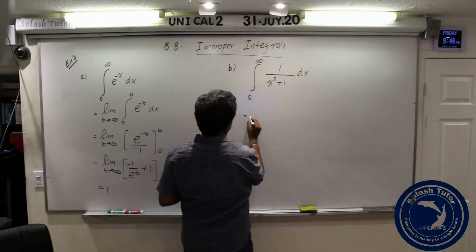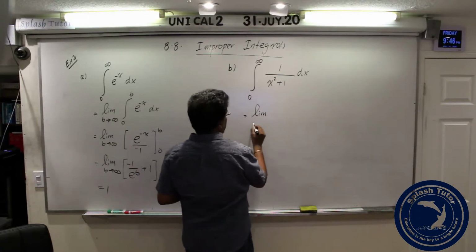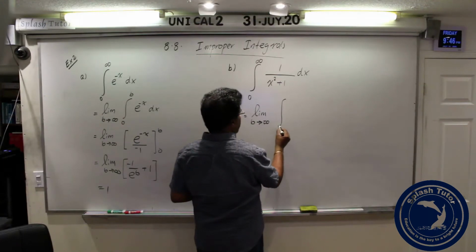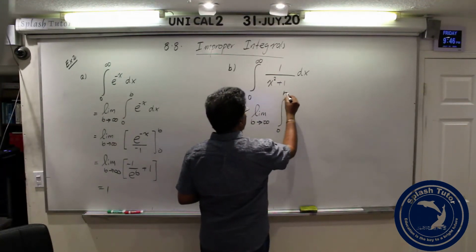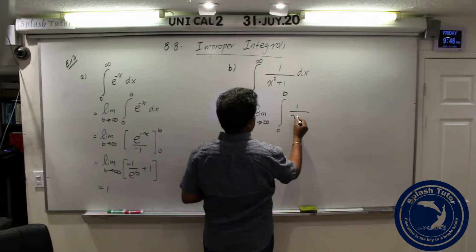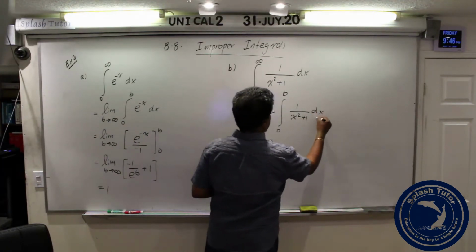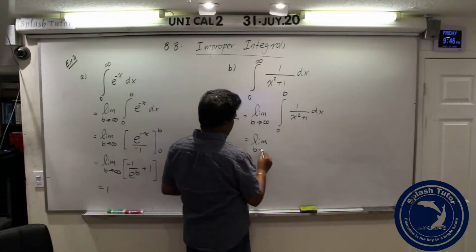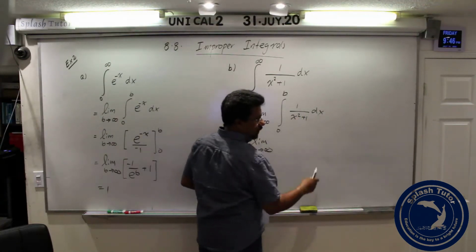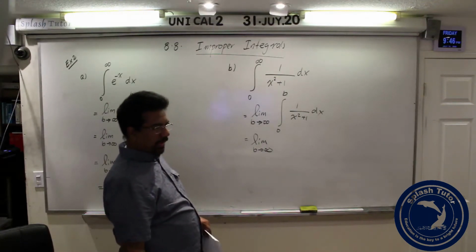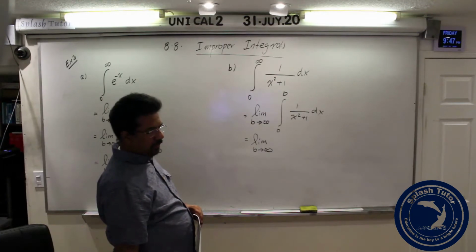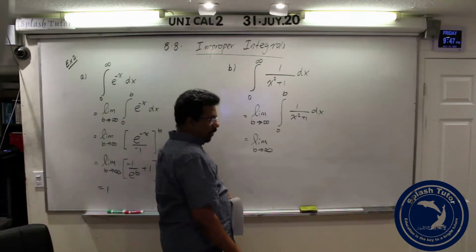That is equal to the limit as b goes to infinity of the integral from 0 to b of 1 over x squared plus 1 dx, and that is equal to the limit as b goes to infinity. What is this? Now what is the integral of 1 over x squared plus 1?